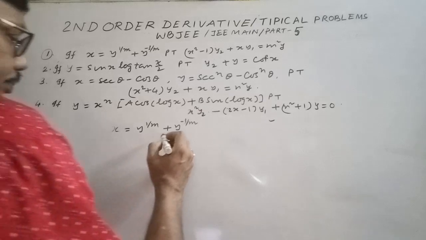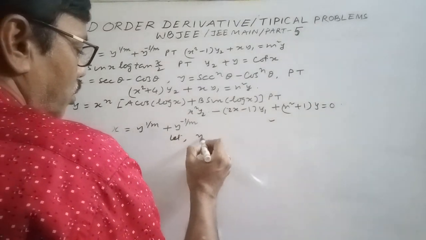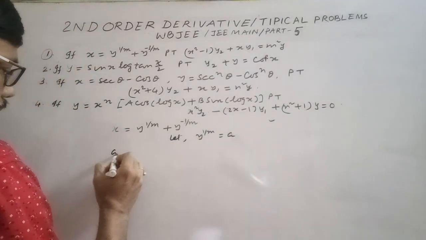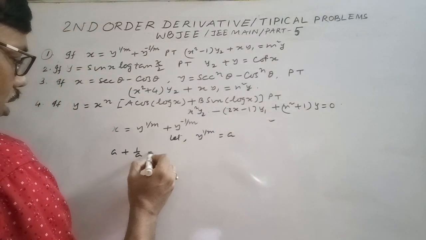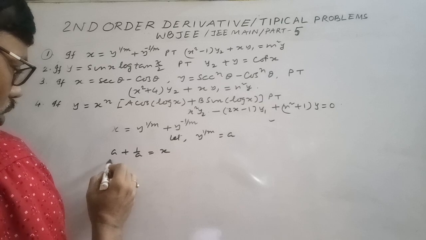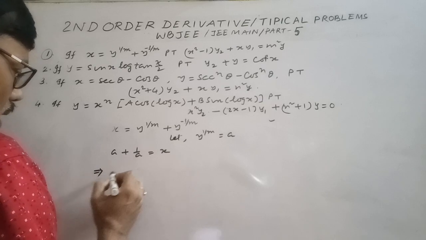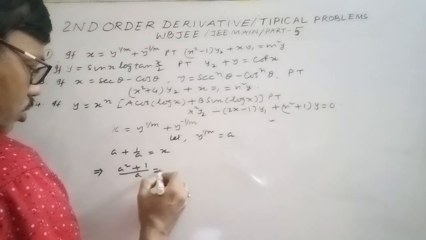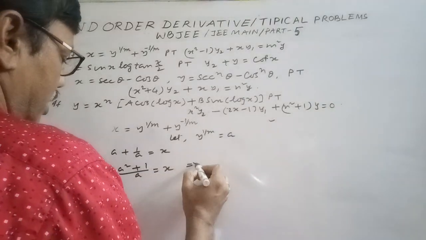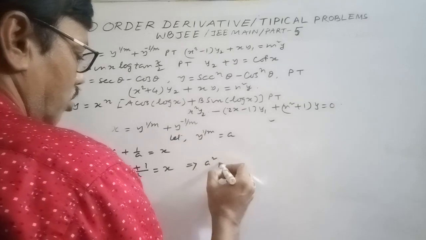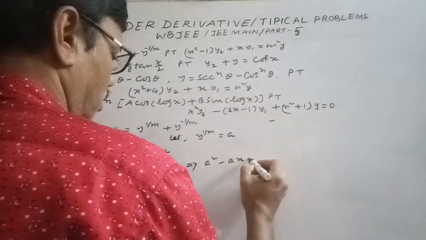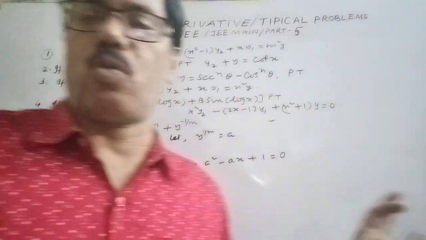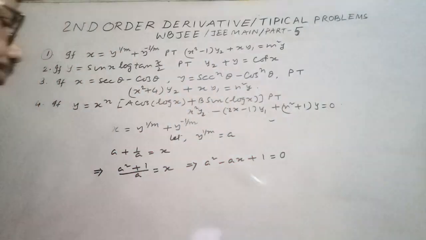So let y to the power 1 by m equal a. Therefore, a plus 1 by a equals x. So we are getting a quadratic equation. This implies a square minus x a plus 1 equals 0.